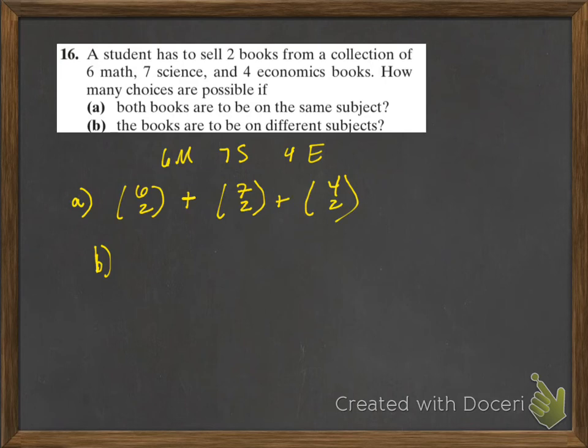Well, the case that we counted up here is where the books are from the same subject. So if we look at all the possible ways we could get 2 books without any restrictions, and then take away the case where they are from the same subject, then we're left with the ways we can get 2 books where they aren't from the same subject.